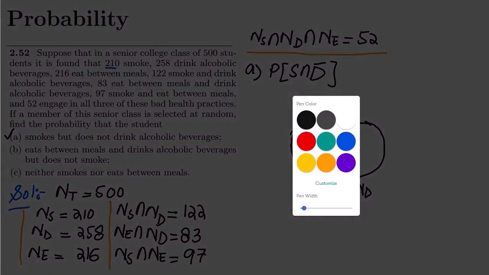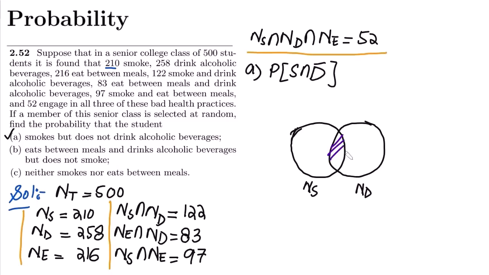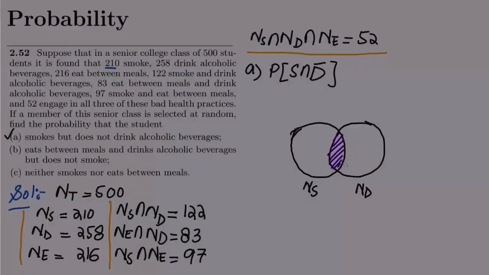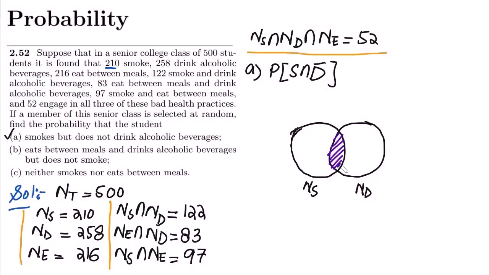Here in between them we have this area, which shows the number of people who smoke and drink as well. So this is the area in between them which is common.